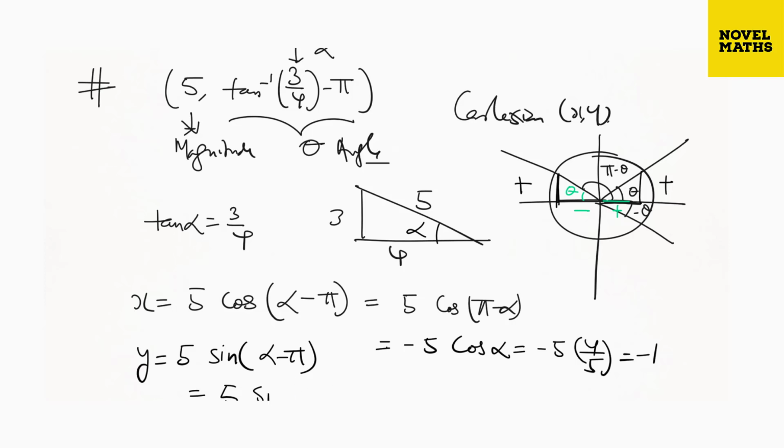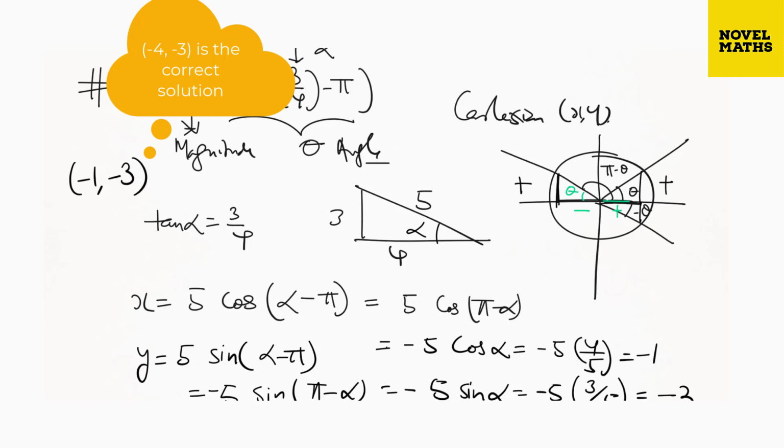So 5 sine of pi minus alpha, the height remains the same and is positive. So this looks like 5 sine of alpha. Sine of alpha is what? 3 over 5, right? 5 times 3 over 5 is 3. So the solution is negative 4 and 3.